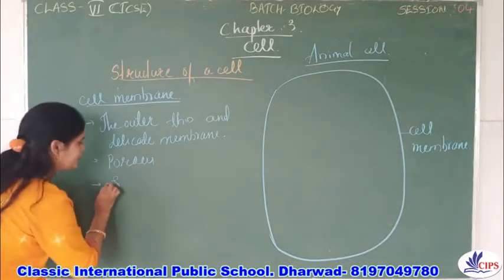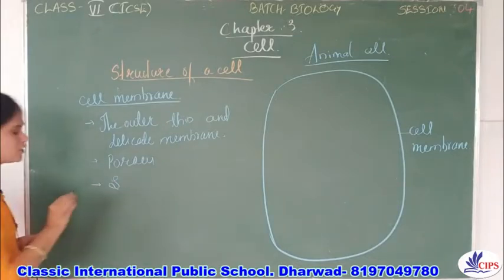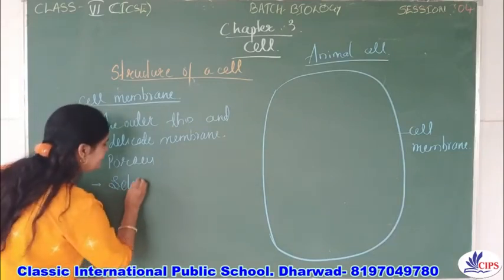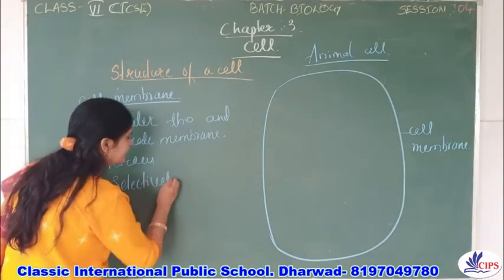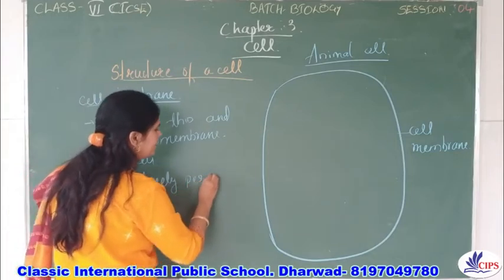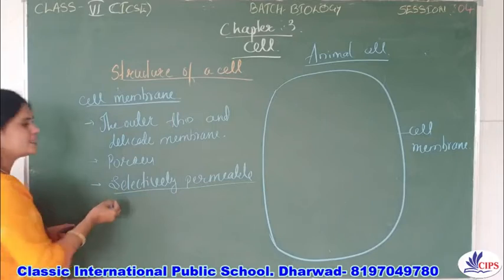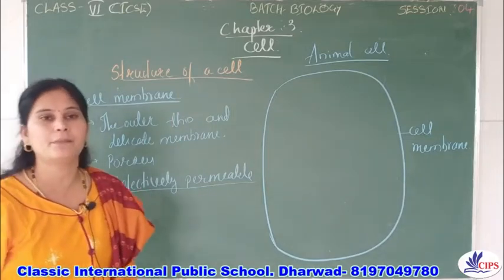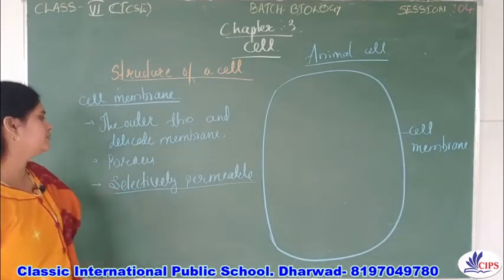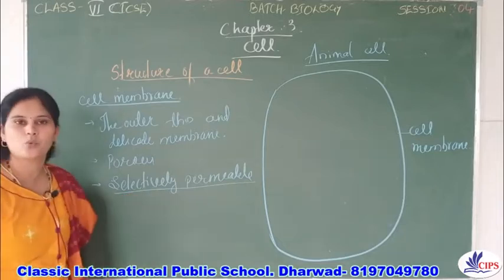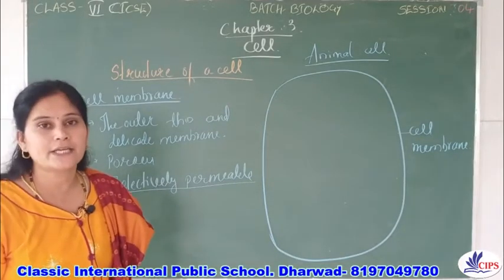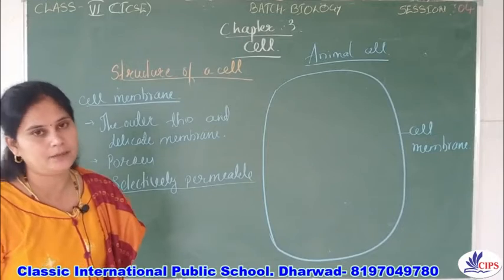cell membrane is selectively, not semi, right? Selectively permeable. This is a very important term. What do you mean by selectively permeable membrane? See here, the name itself suggests it. What do you mean by selectively permeable?